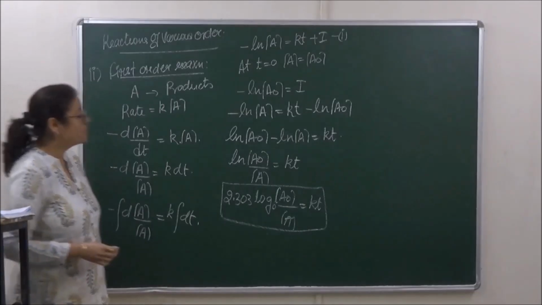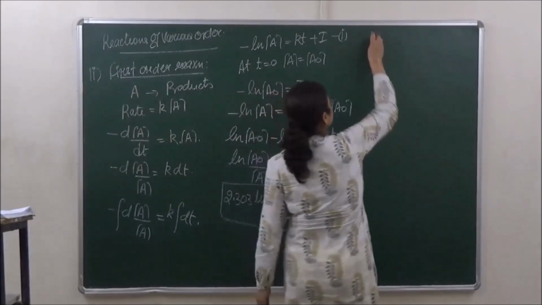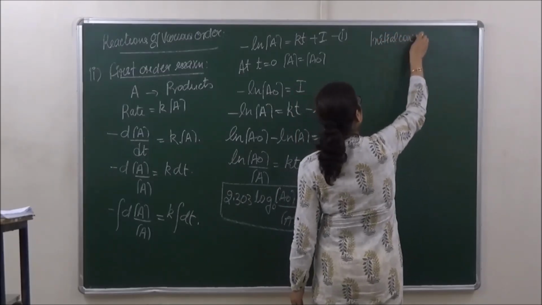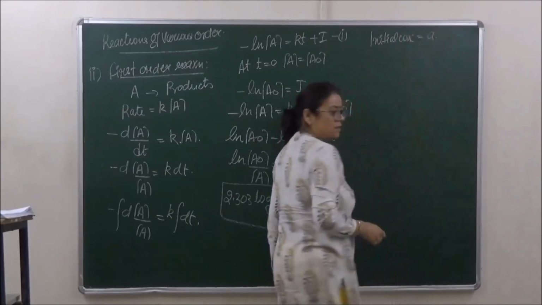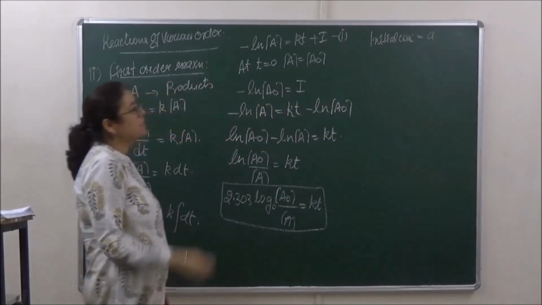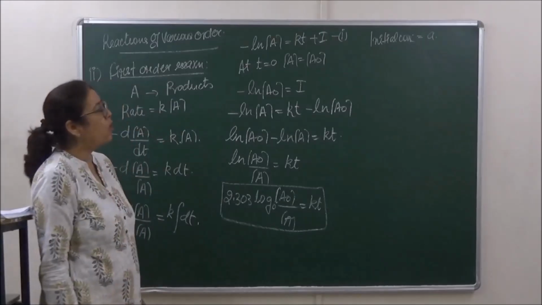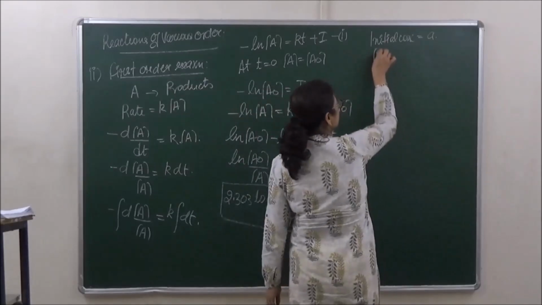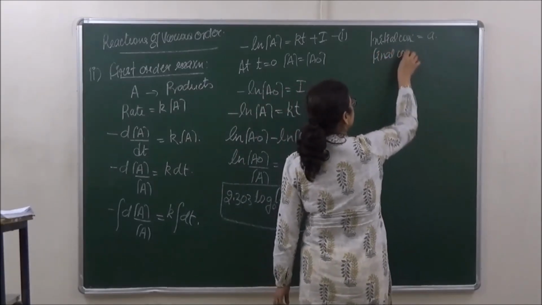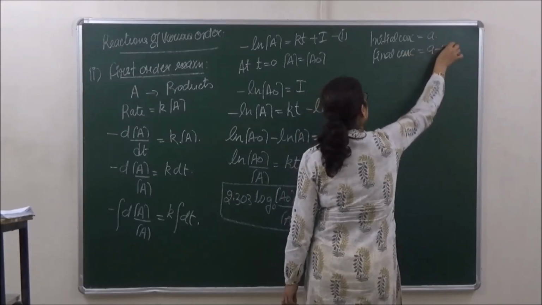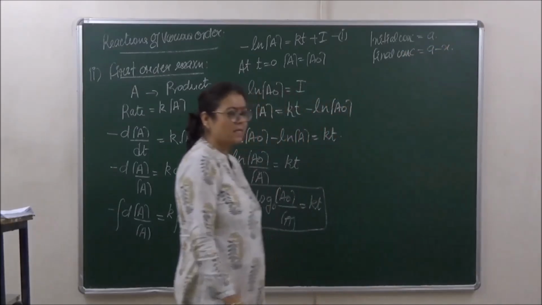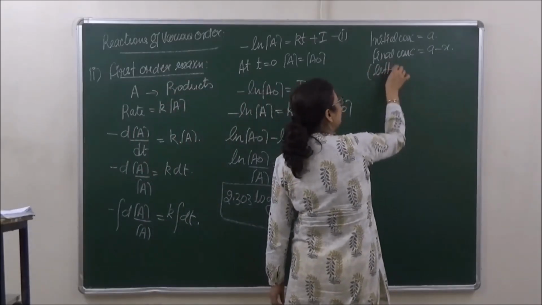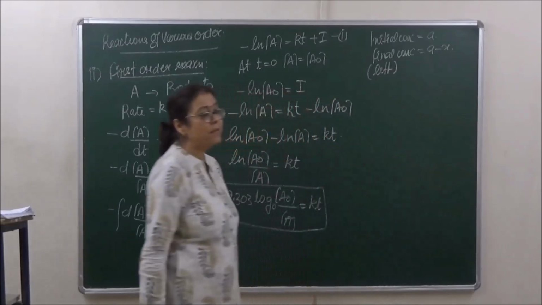Okay? Now let's say that the initial concentration of the reactant is equal to A. Okay? And after time t, X of A gets dissociated. So what is the final concentration? That is equal to A minus X. So this A minus X is the reactant which is left behind.